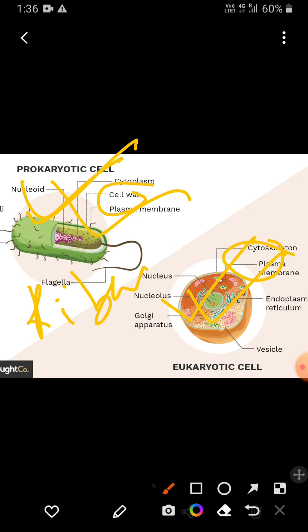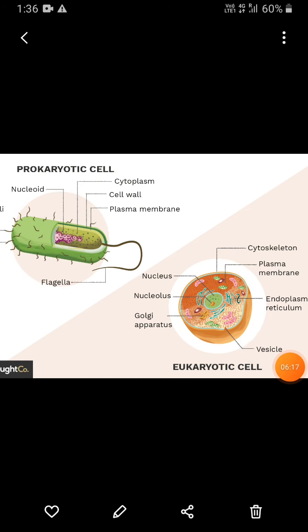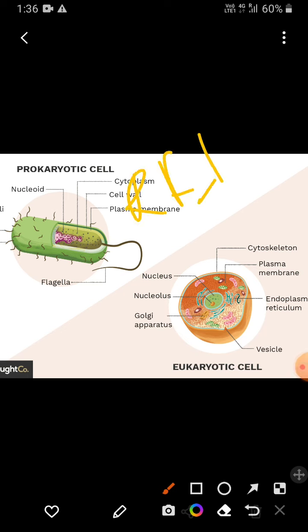So the answer to that question is that prokaryotic cells simply rely on their environment for energy. Okay. That means prokaryotic cells lack mitochondria, eukaryotic cells possess mitochondria. Prokaryotic cells lack both RER and SER, that is rough endoplasmic reticulum and smooth endoplasmic reticulum.